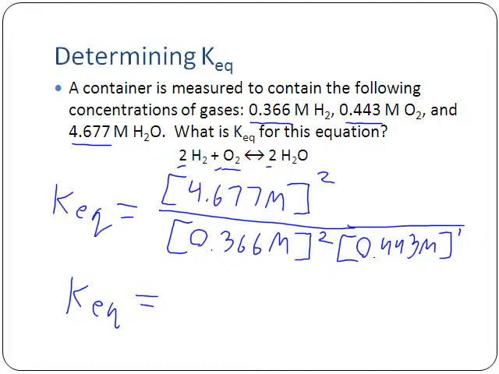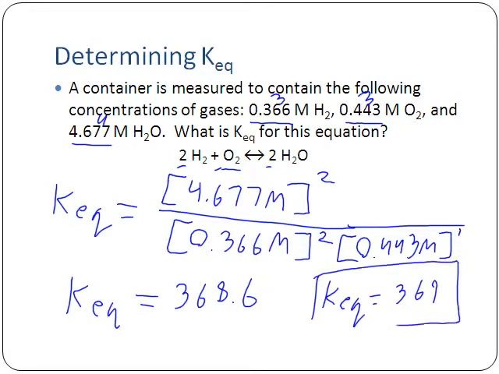And when you do that, I get 368.6. So 368.6 for KEQ. Significant figure-wise, we got 3 sig figs up here, 3 sig figs right there, and 4 sig figs right there. So our answer should only have 3. So our final answer here would be KEQ is equal to 369.